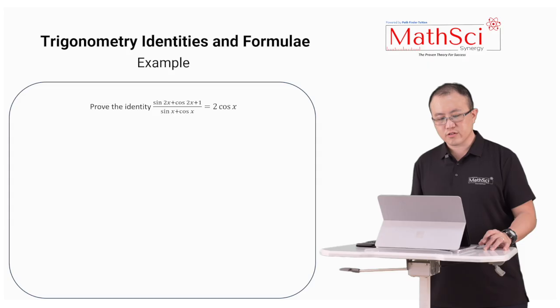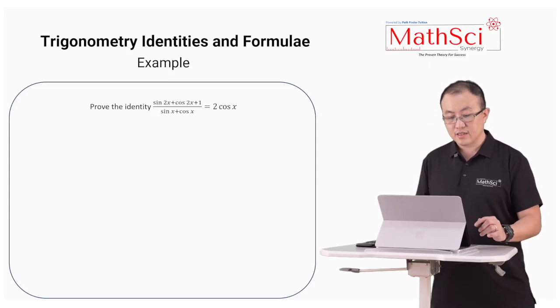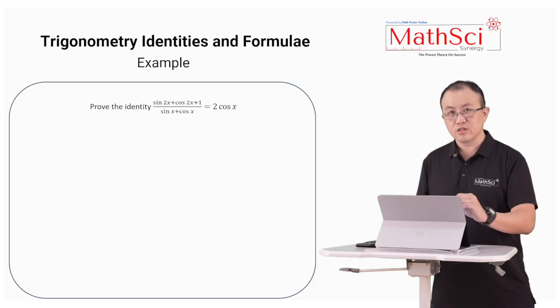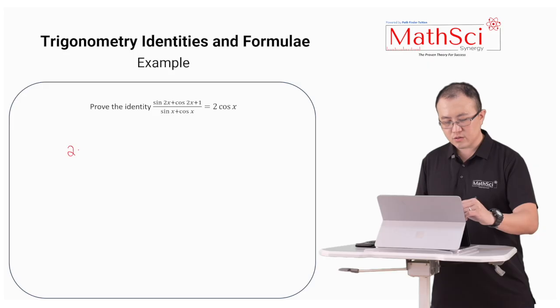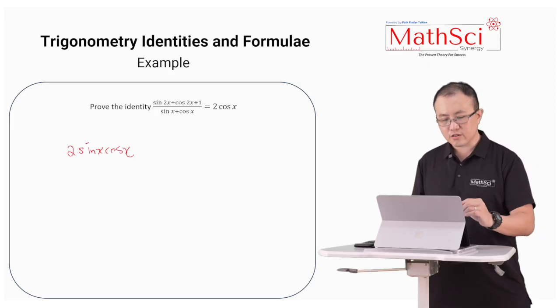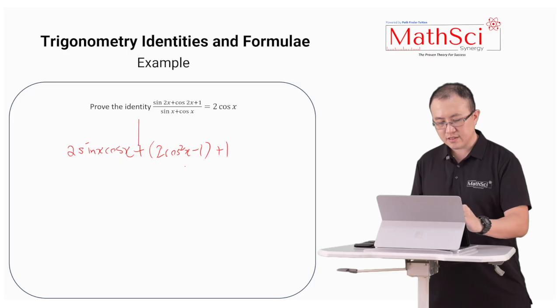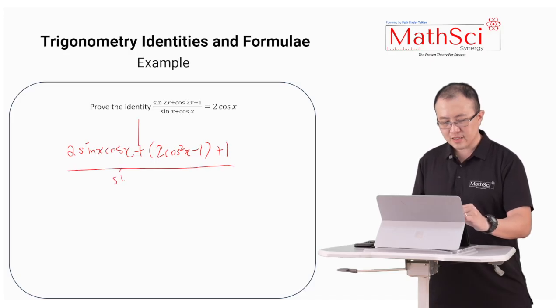Sin 2x plus cos 2x plus 1 over sin x plus cos x equals 2 cos x. Okay, so now I'm going to change my sin 2x and cos 2x. Sin 2x is 2 sin x cos x. Then for the cos 2x, I'm going to use plus 2 cos squared x minus 1, plus 1, whole thing divided by sin x plus cos x.